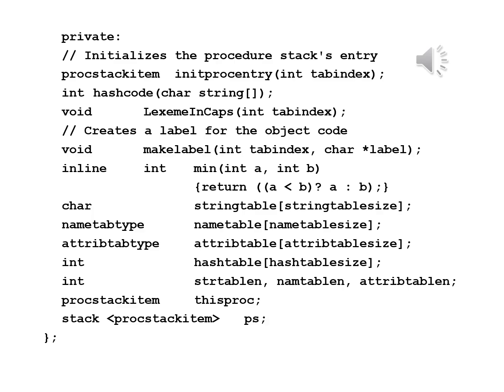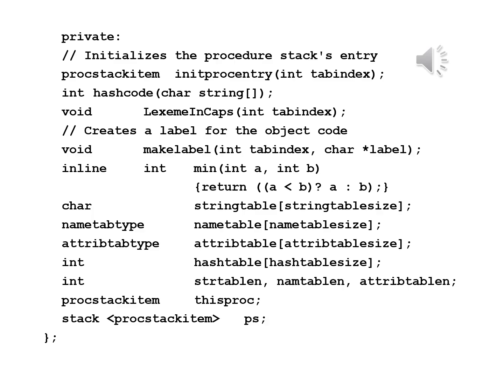Hashcode calculates the hash value for the current lexeme. Lexeme in caps prints the lexeme name in uppercase characters. MakeLabel creates a label for our object code in assembly language. Min returns the smaller of two values. This was necessary for the compiler used originally to compile this.